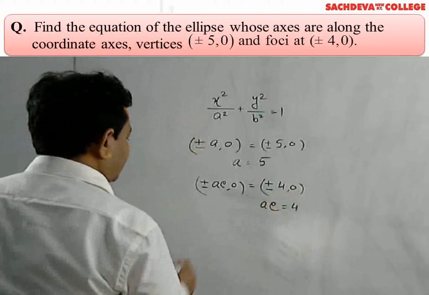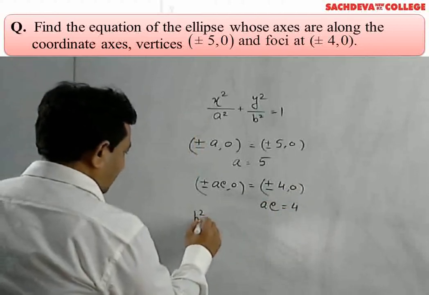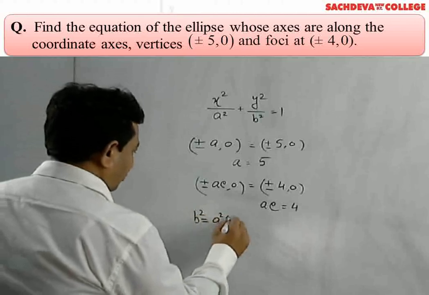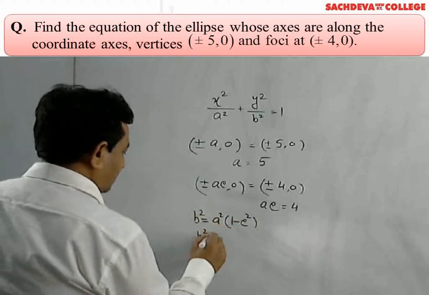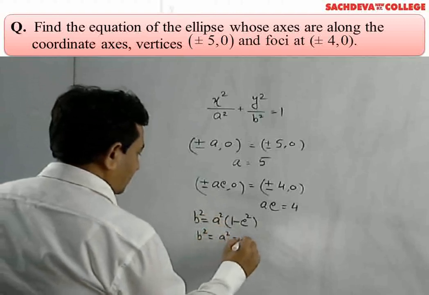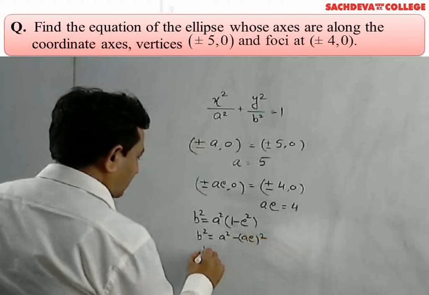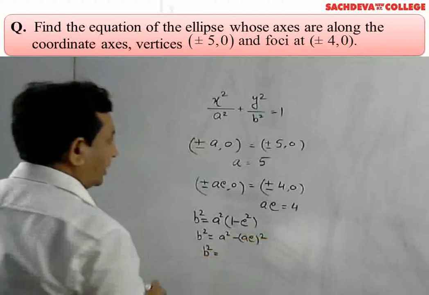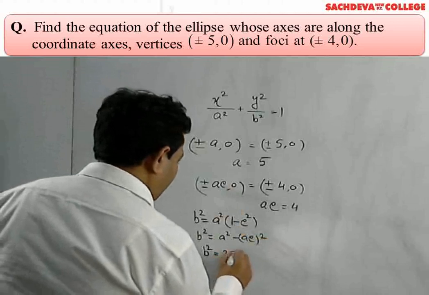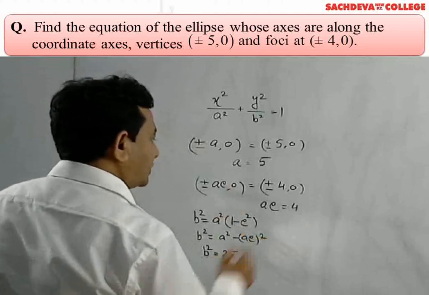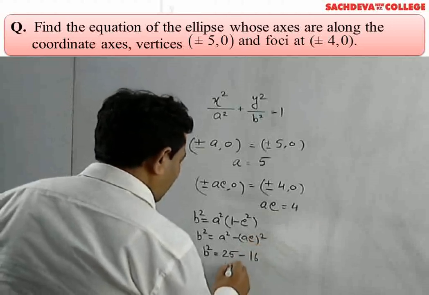So using the formula for eccentricity, b square is equal to a square into 1 minus e square. B square will be equal to a square minus ae whole square, and b square will be equal to, a is 5, so a square will be 25, and value of ae is 4, so 4 square is 16, so b square will be equal to 9.